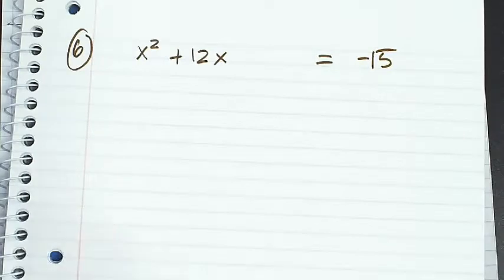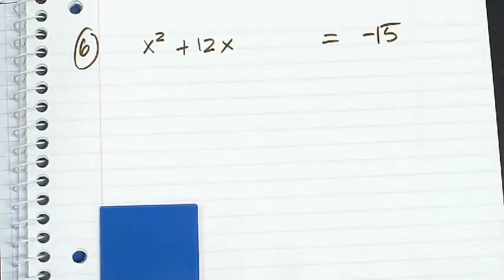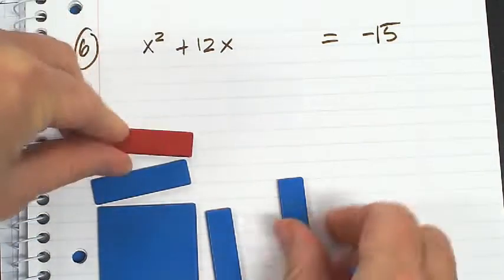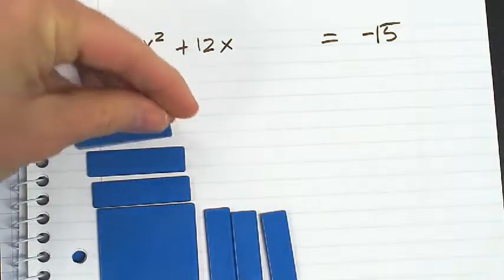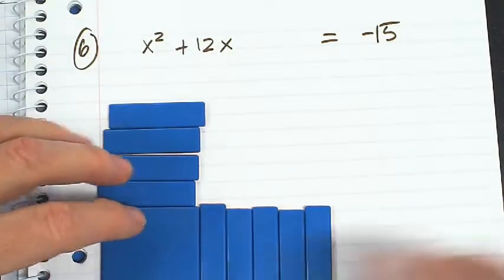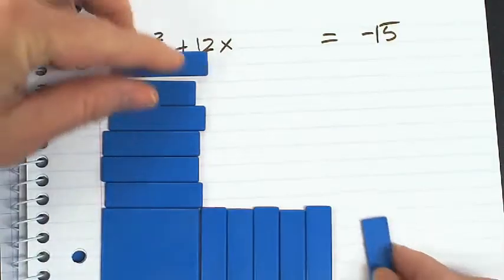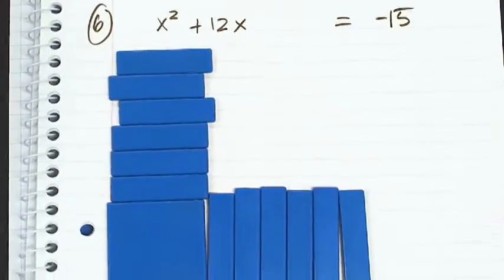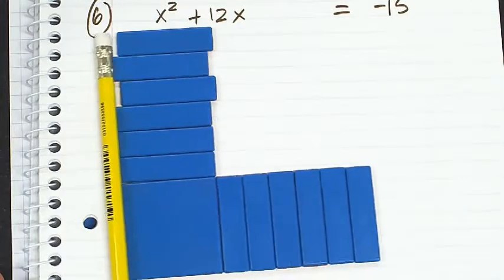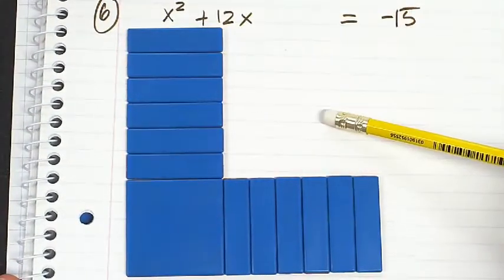I have x squared plus 12x, so to make this a square, I am going to add how much?